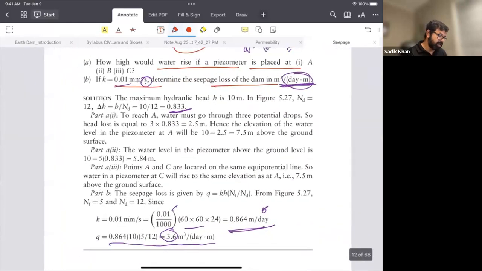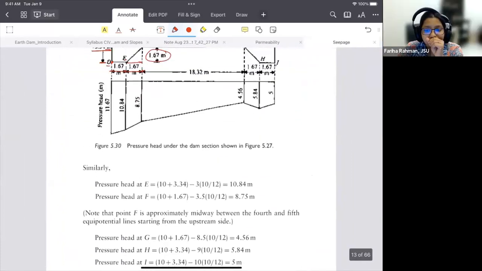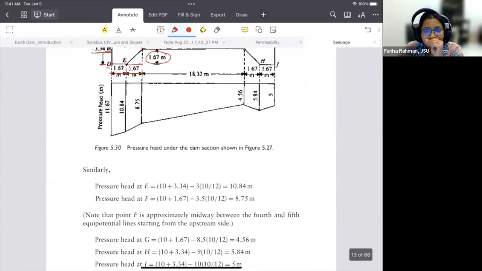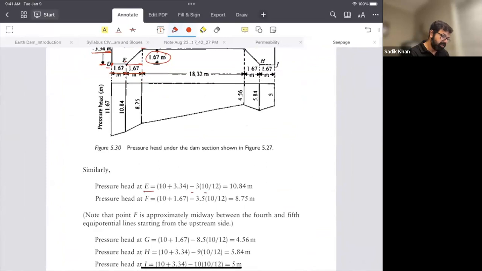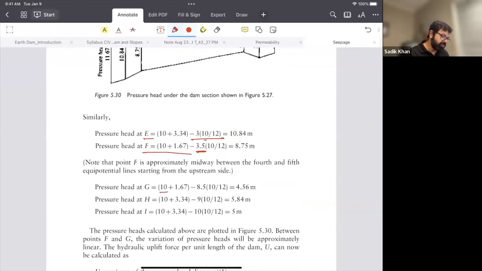So the numbers have already been calculated, so I'm not going into all the details. Pressure at E, pressure at F: we considered 3.3, they considered 3.5. Head at G is 10.67, which is 13.34 minus 1.67.